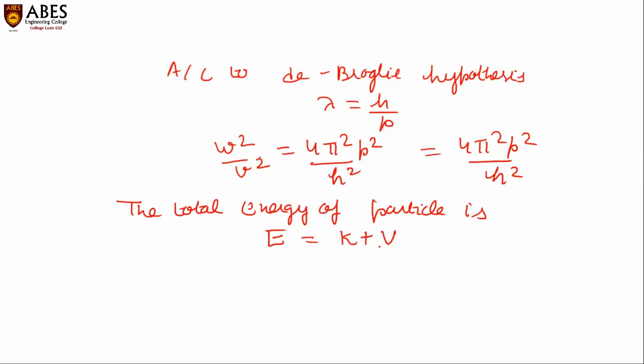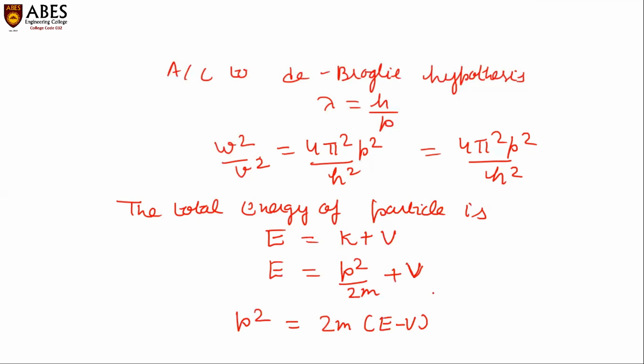We represent potential energy as V and K is kinetic energy. In terms of momentum, we can write kinetic energy as p square upon 2m, so E is p square upon 2m plus V. So the value of p square, the momentum, is 2m(E minus V).